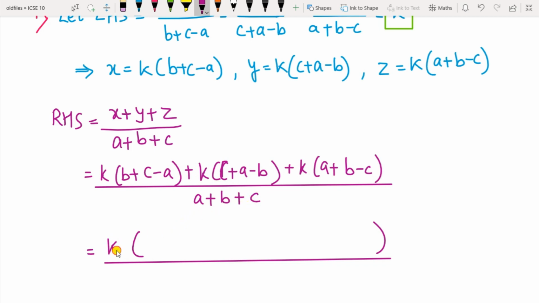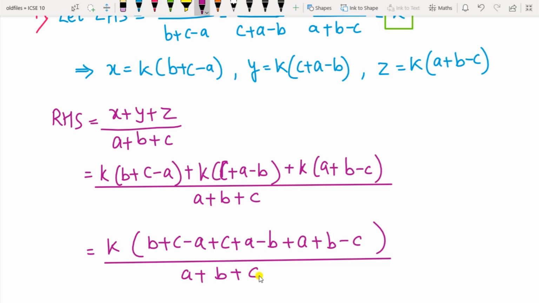Take out k common and open all the brackets. So it will be b plus c minus a plus c plus a minus b plus a plus b minus c, the whole upon a plus b plus c.